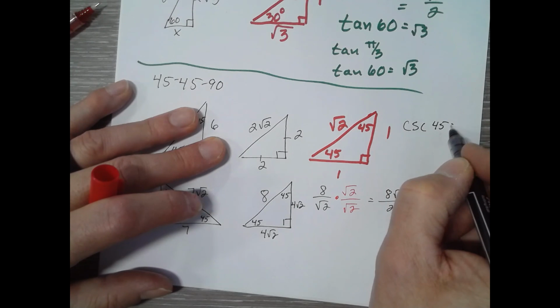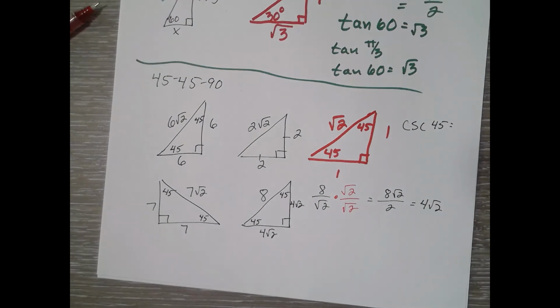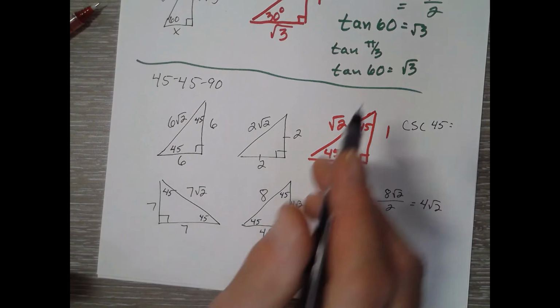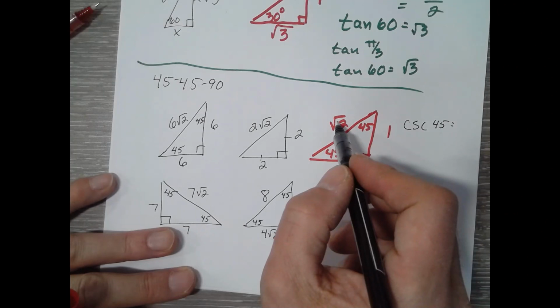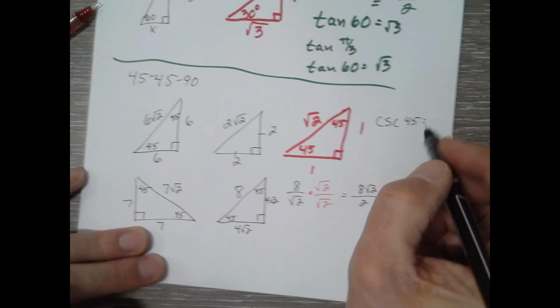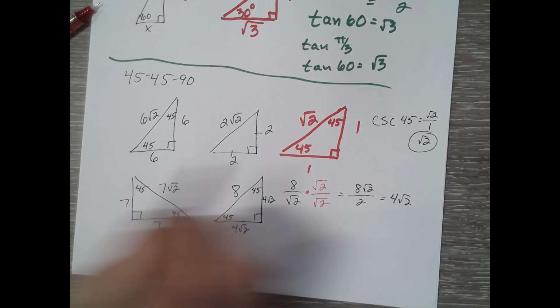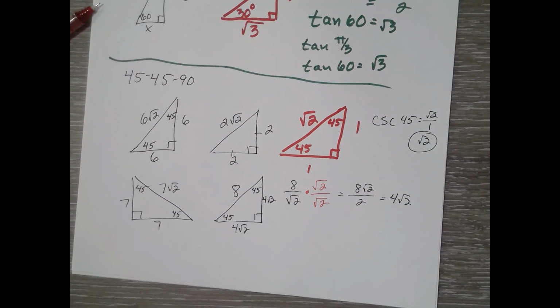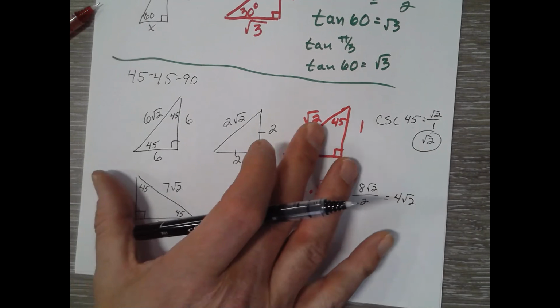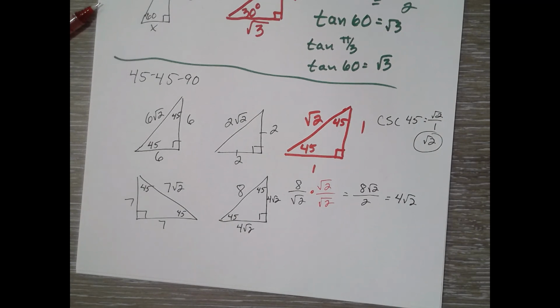See if you can figure that out. All right, so cosecant is the hypotenuse over opposite, so it's square root of 2 over 1, or just the square root of 2. Okay? Questions on any of this stuff? This should be fun for you. Solving the triangles, using Sohcahtoa, it's not too bad.